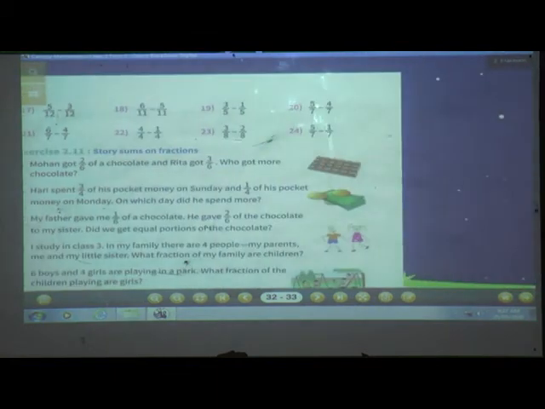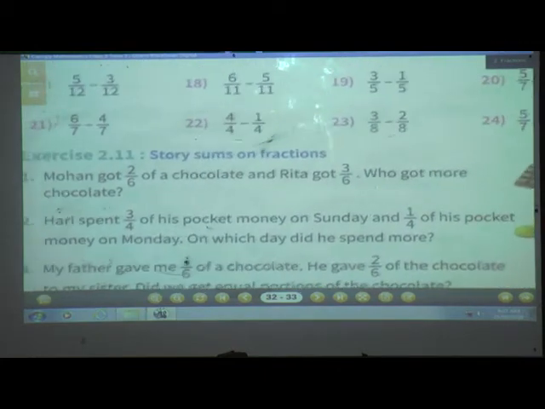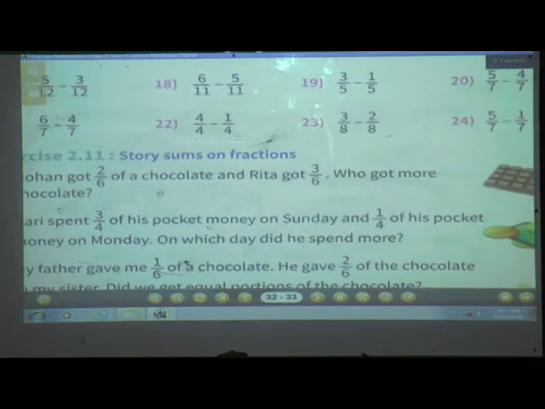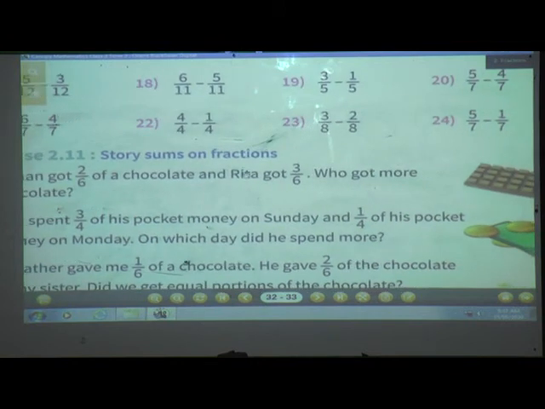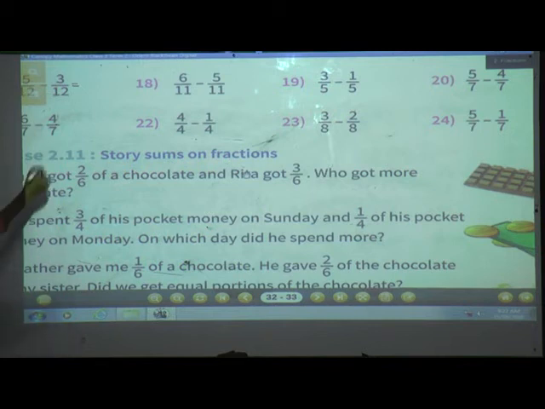Next page, a few more examples are remaining. See here, 5 by 12 minus 3 by 12 is equal to, yes, 5 by 12 minus 3 by 12. How will you solve?